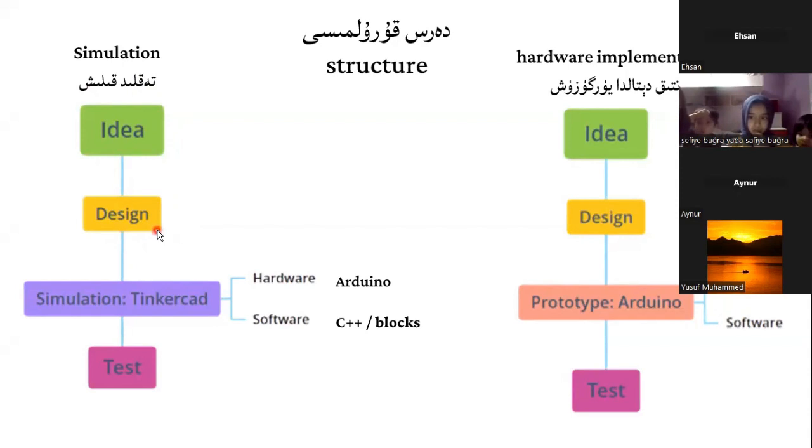Do I need that? And this is the simulation step. So basically, connect the blue light, the red light, and the noisemaker. Then you try to test it on Tinkercad. So we use Tinkercad to simulate stuff.